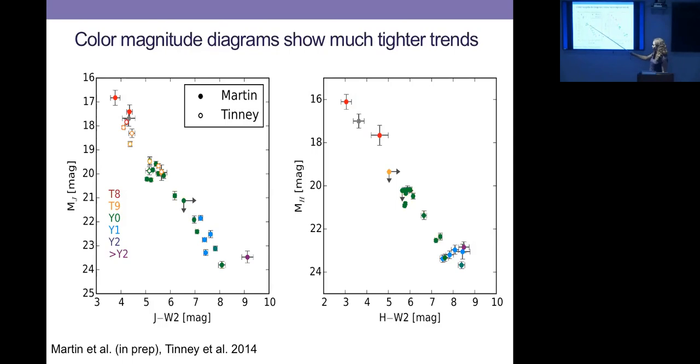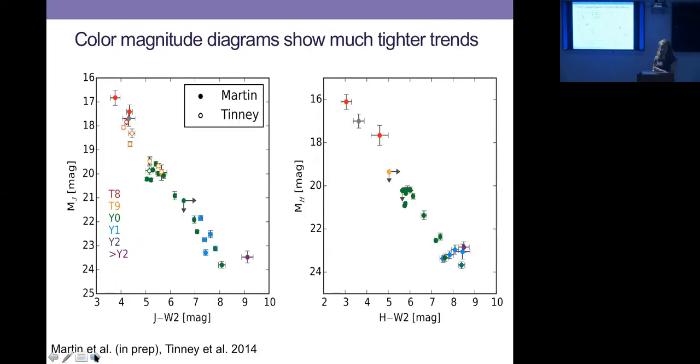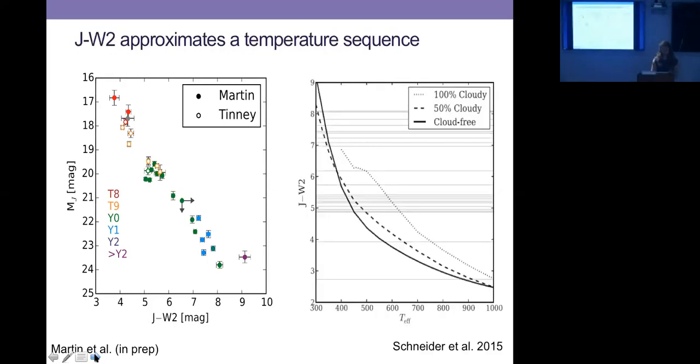So if we go back to the spectral type plot, if you think that spectral type is probing temperature, you would expect a much tighter correlation, and that's really what we're getting when we look against the J minus W2 color. I was looking at Adam Schneider's paper that came out in 2015, and he had plotted up some of the atmospheric models. And sure enough, the J minus W2 color does actually trace the temperature of objects.